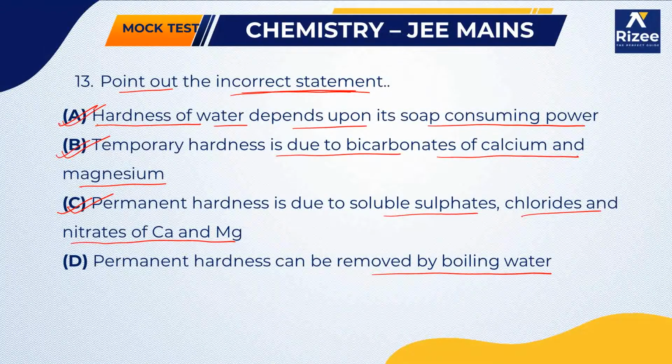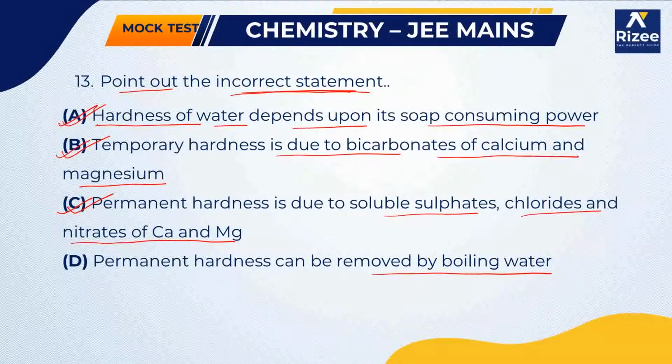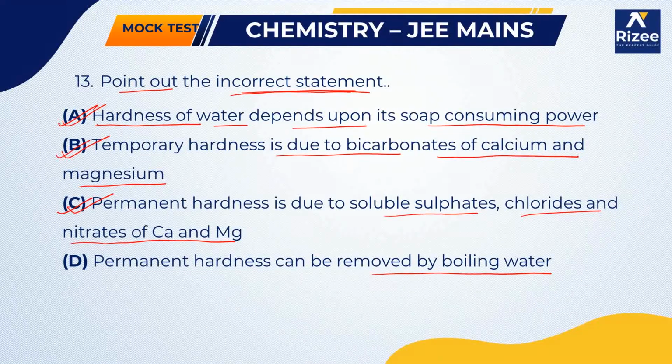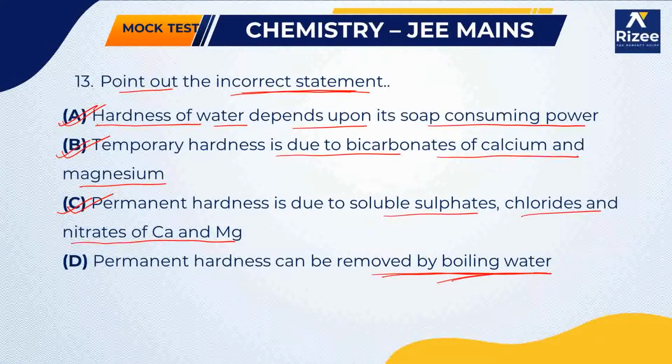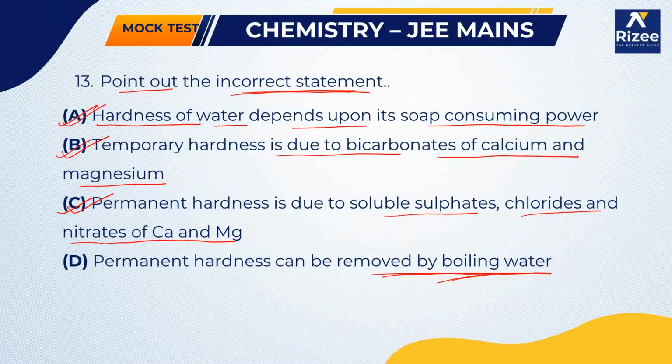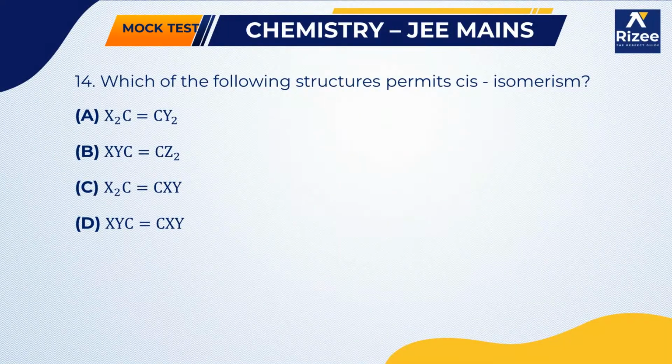No, because for permanent hardness of water we have different processes like the alkali process, but by boiling water we can remove only temporary hardness of water but not permanent hardness. So our answer is D, which is a wrong statement. He is asking about the incorrect statement, so D is our answer. Next, moving on to the next question.